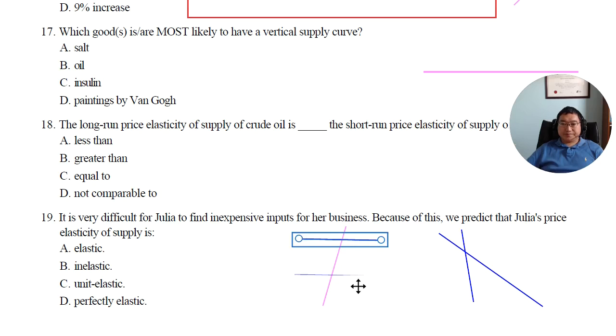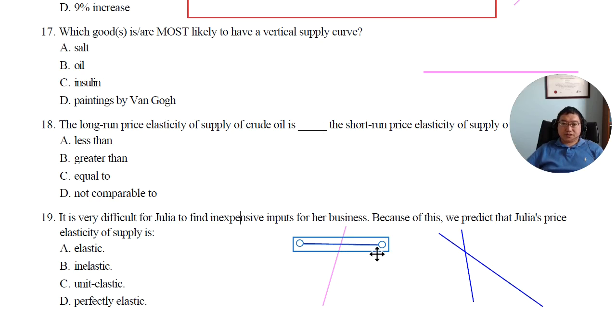So if the inputs are hard to find and they are very expensive, it doesn't matter how much you increase the price you pay, you won't get a lot more of these goods supplied to the market. That is the basic idea.